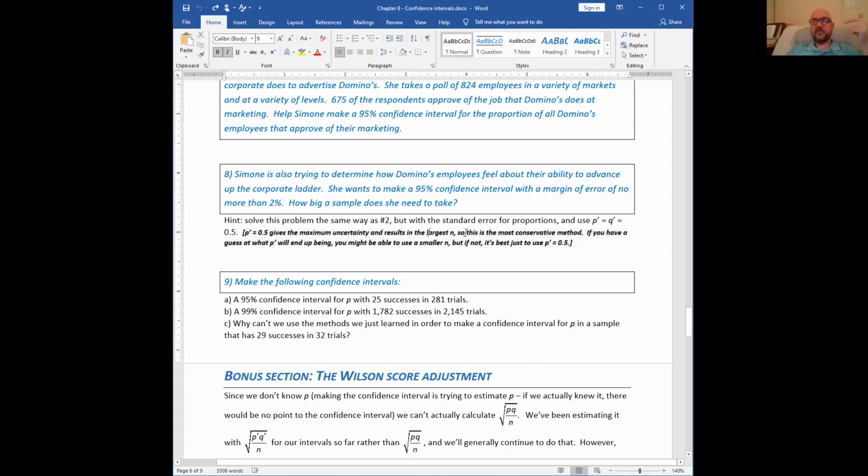If you actually have a pretty good guess as to what p prime is going to be before you take the sample, maybe you've done a poll like this before, you might be able to get away with a smaller sample, but the most conservative one is the one with the most uncertainty, which is p prime equals 0.5. If you're interested in why that's the case, I'll show you at some point.